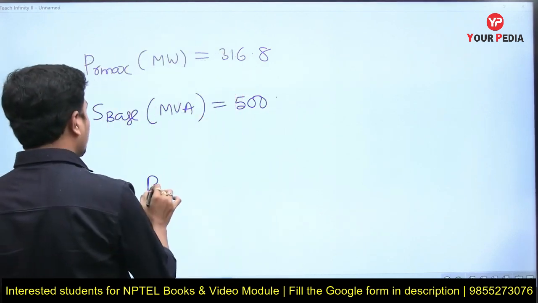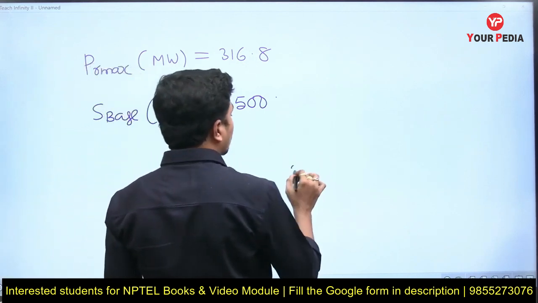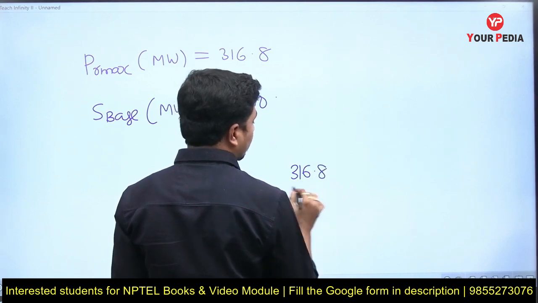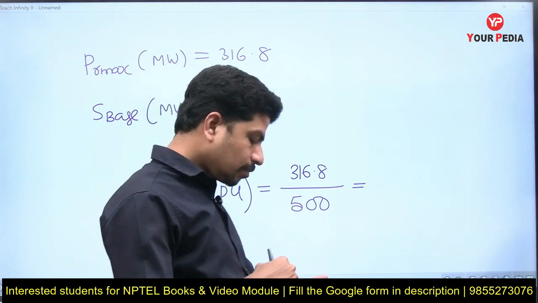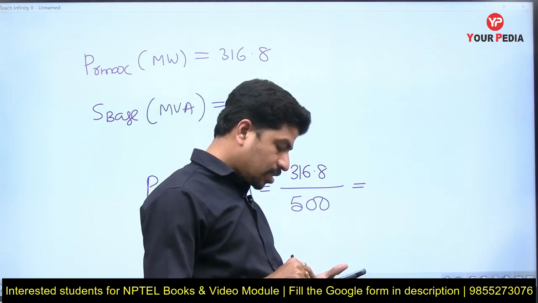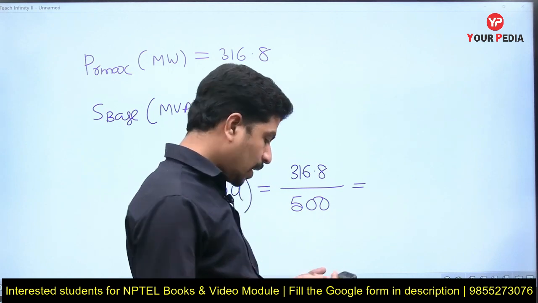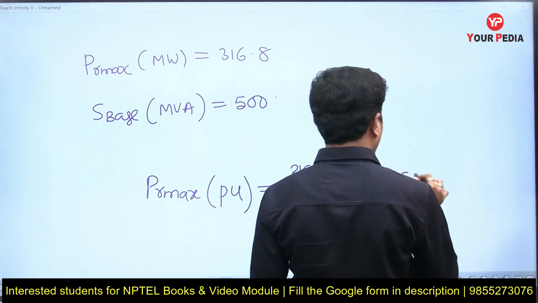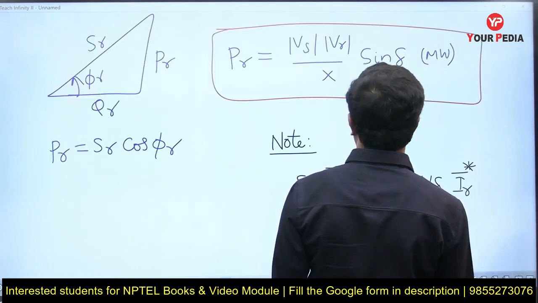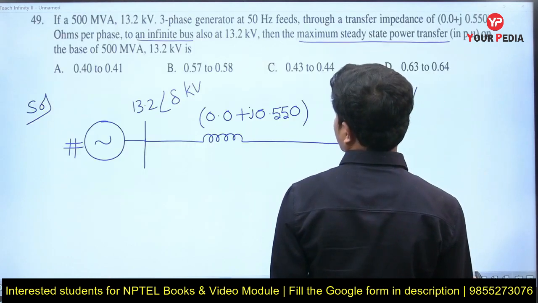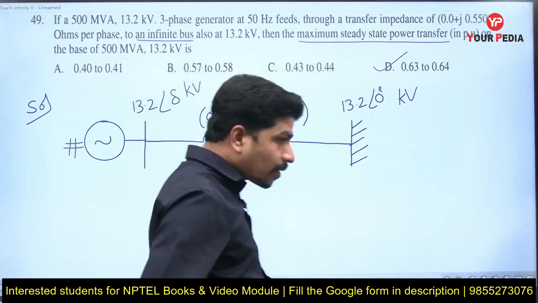Then PR max in per unit is equal to 316.8 by 500. Let's calculate: 316.8 divided by 500 is 0.6336 per unit. Look at the options. Which option is correct? Option D suits very well for the given question.